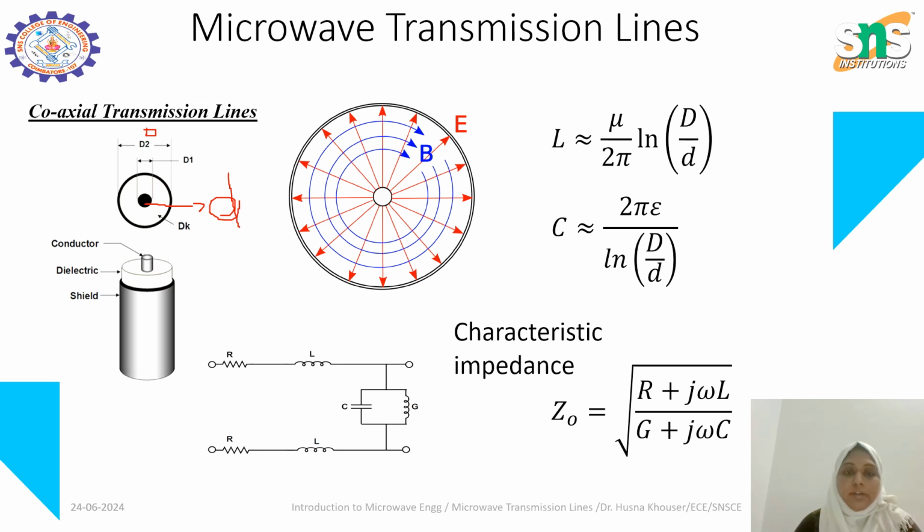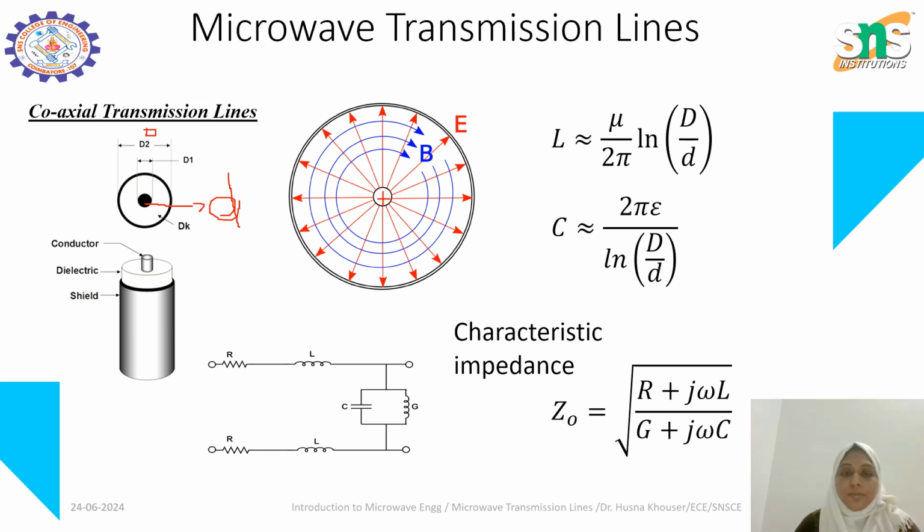If the inner conductor is positively charged, the electric field will be directed out of the inner conductor toward the outer conductor.